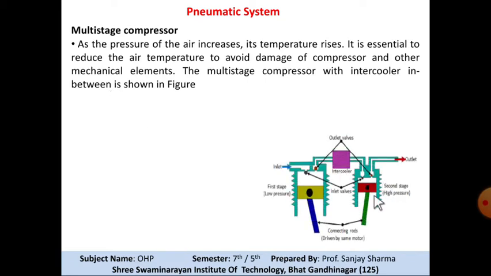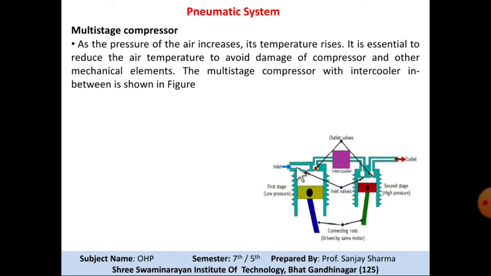So here you can say this is the cylinder stage 1 and this is stage 2. This is similar to that of a single stage, and this is also similar to a single stage. Now what happens? This unit is somewhat bigger in size as compared to stage 2.